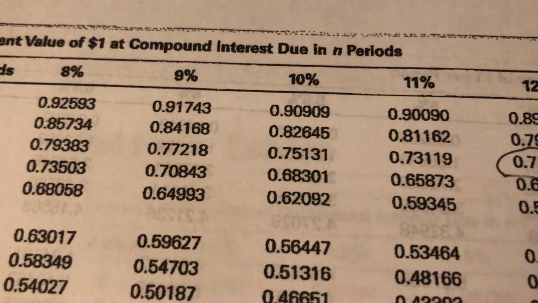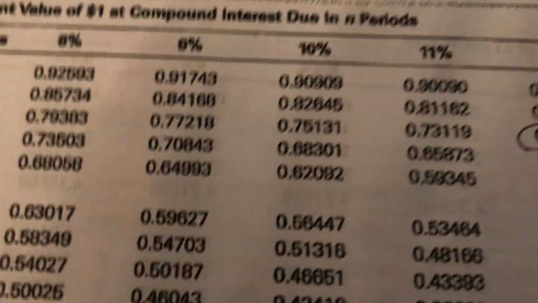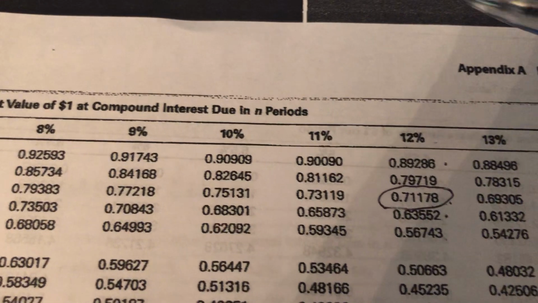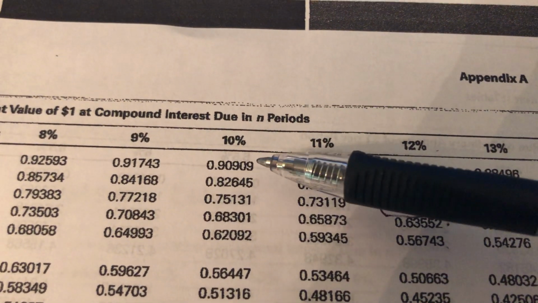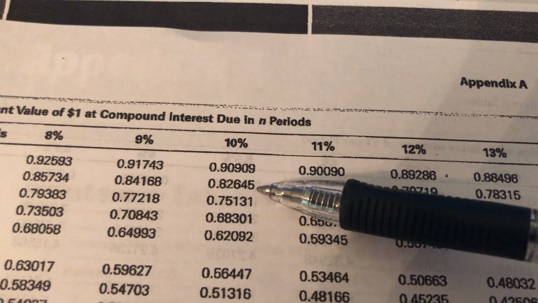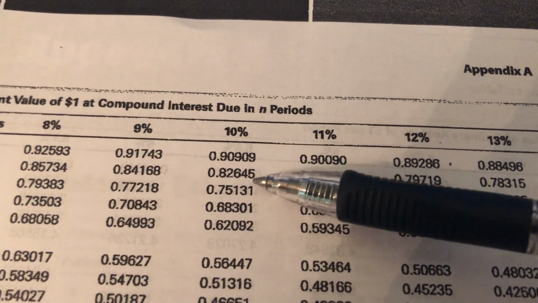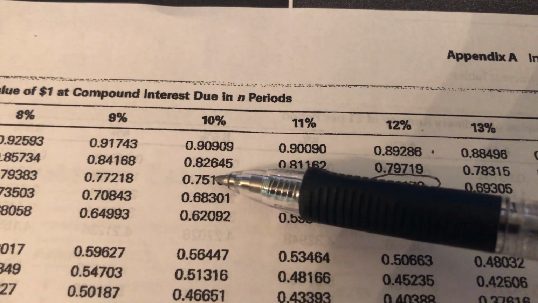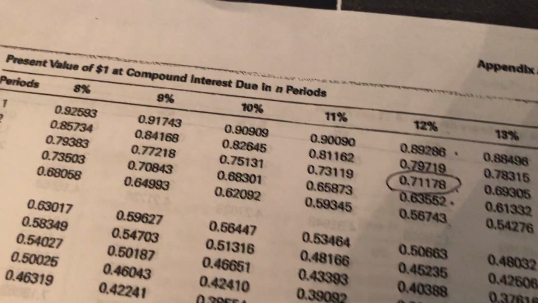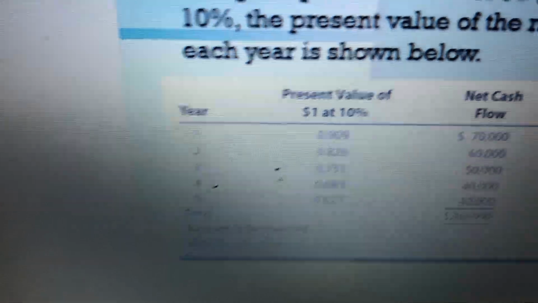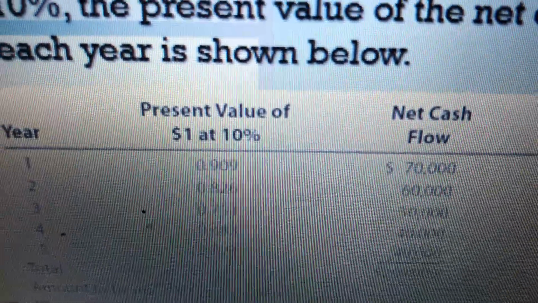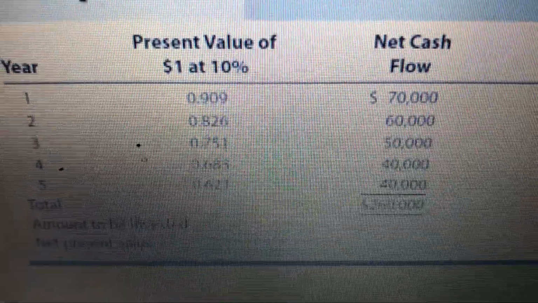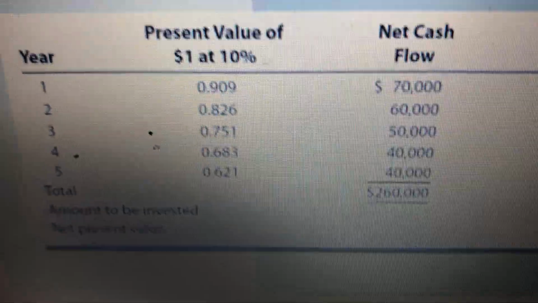Okay. And we want to multiply each of these numbers by the numbers that are listed here for 5 years. Year 1, year 2, year 3, year 4, year 5. Okay, and I'm going to round them up to the third digit. And this is also showing on your PowerPoints. Notice how they rounded them up, but I wanted to show you where they got it from.